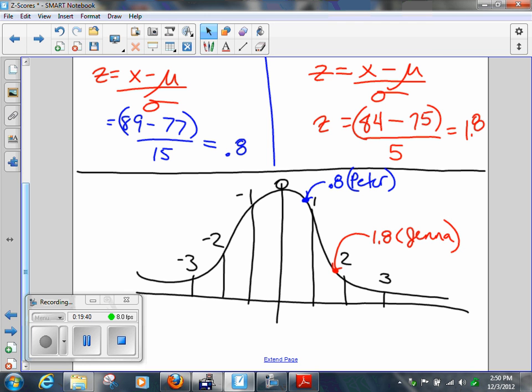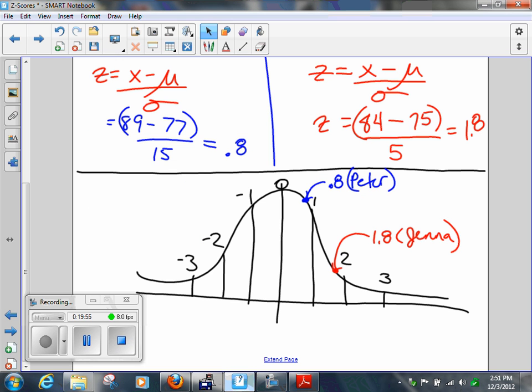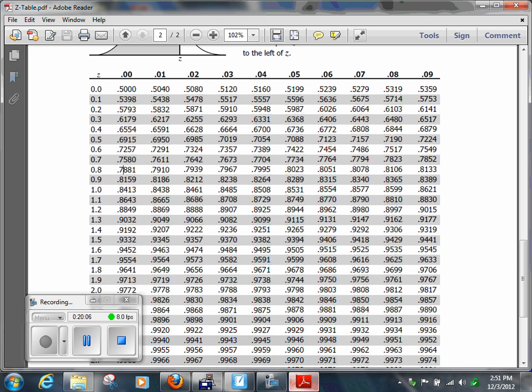If we go back to our z-score table, 0.8. Folks, 0.8 is here, and we have 0.00. So the value for Peter is 0.7881. If you go back and look, 1.8 for Jenna, I'm going to go to 1.8 and it's 0.9641.